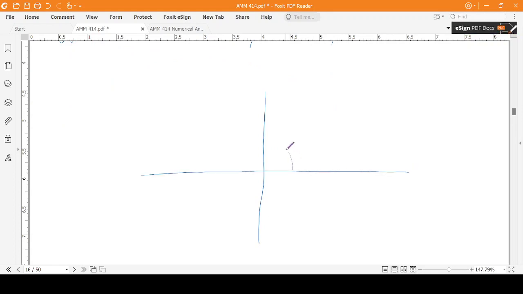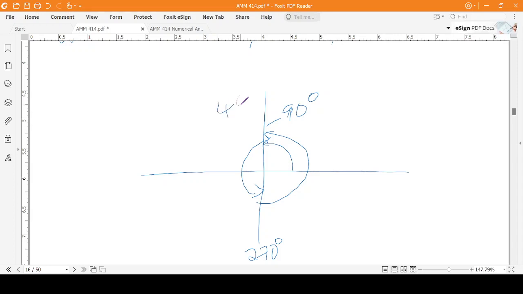So you start from here. This is 90 degrees. Then this one is 270 degrees. So it will be 0 here, then it will be 0 again here. So 270 plus 180 will be 450, and so on. Then it will be 0 at this point. So cosine of angles are 0 along the vertical axis, either on the positive side or the negative side.